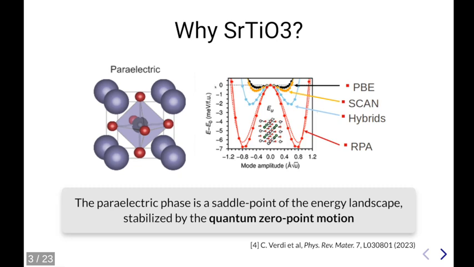So the material, even at 0 Kelvin, has enough energy; the zero point energy is sufficient to overcome the barrier and create a state in which the system is actually stable in the paraelectric phase. So the point of this material is that at low temperature, we need quantum fluctuations of ions to describe its paraelectricity.